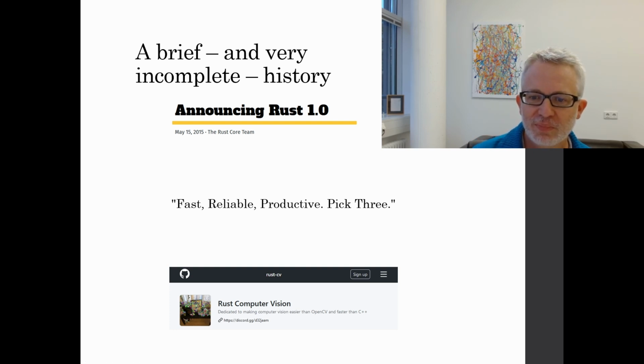Then Jordan Worley, who's here today and will be talking, created this Rust Computer Vision organization on GitHub and a Discord channel. So probably if you're here, you may be aware of these things.